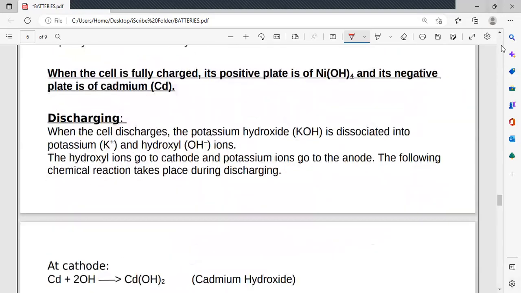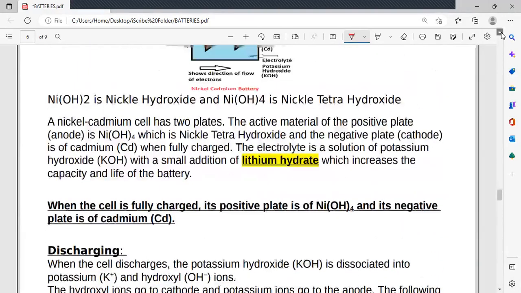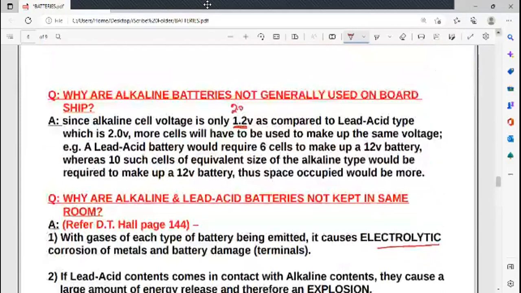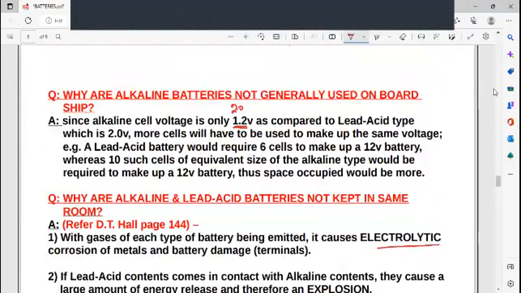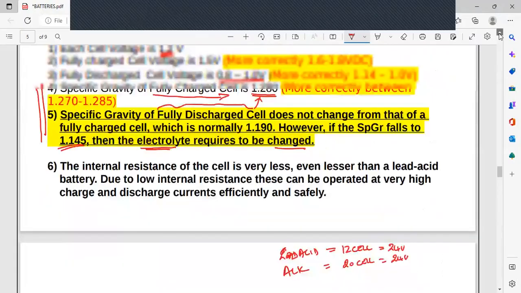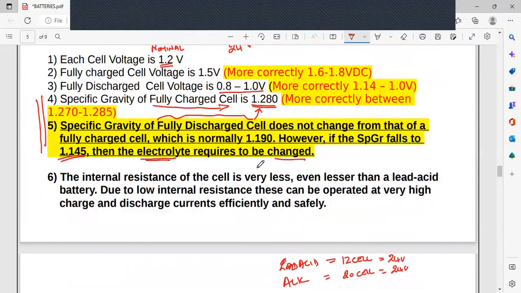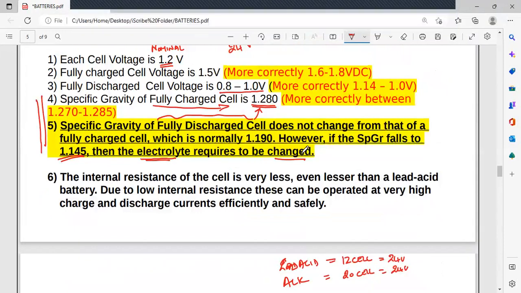Okay, right. So please remember once again all these particular parameters, because as I said, there can be a lot of cross questions, and one of the most commonly asked questions is, how do you determine whether your alkaline battery is in good condition or not?